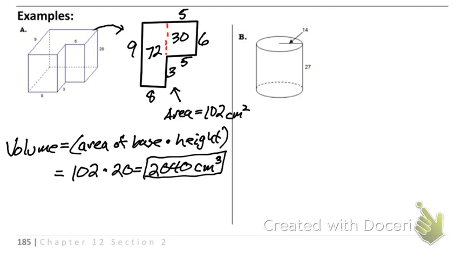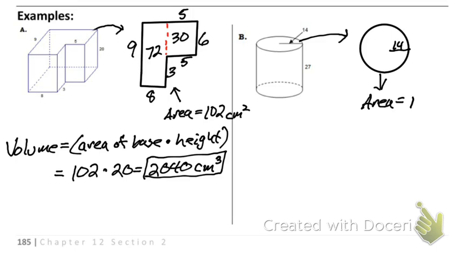All right, for a cylinder, the nice thing about this as opposed to surface area is I really just care about the base and the height. Well, the base is just a circle. Let's draw that circle. It's a circle with a radius of 14. So the base I'm talking about is just going to be the area of this circle. Well, that area just equals pi times r squared, which would be 14 squared, which is going to equal 196 pi.